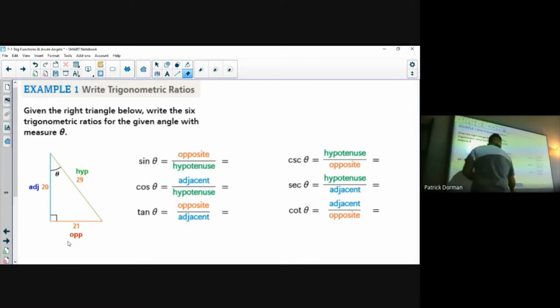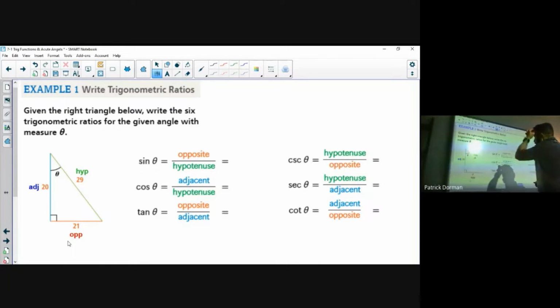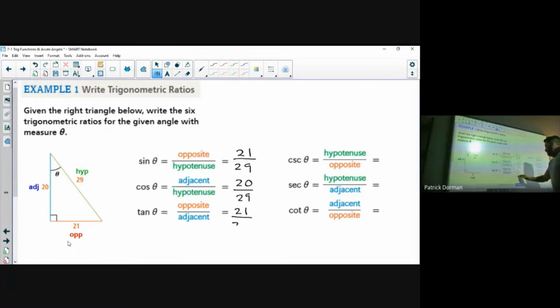So these are pointed out for us. So we can quickly write these things in. So our opposite is 21, hypotenuse 29. For cosine, it's adjacent over hypotenuse, which is going to be 20 over 29. Tangent is opposite over adjacent, or 21 over 20.